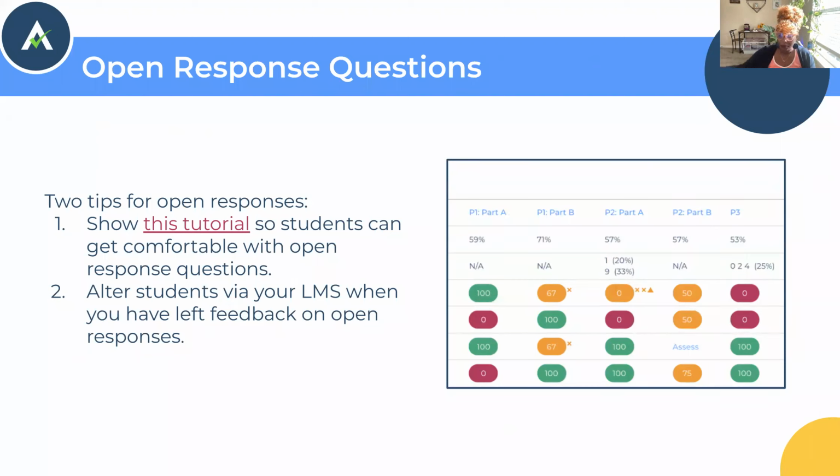We also recommend having a specific way that students respond in open response questions. It might be that they enter a typed response, or that they draw, or that they take a picture, which is super easy in our platform, and then add the picture in. There are different ways students can approach open responses, and we just recommend that you norm with students on what you want them to do.